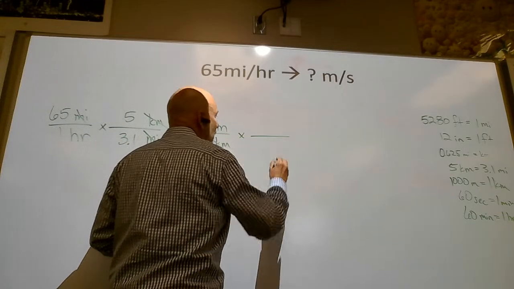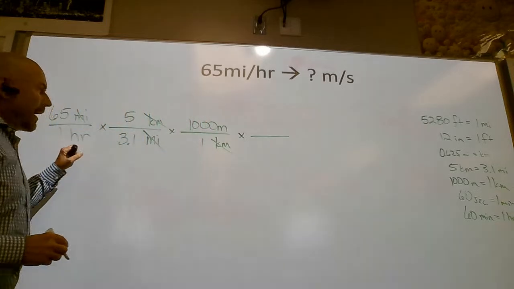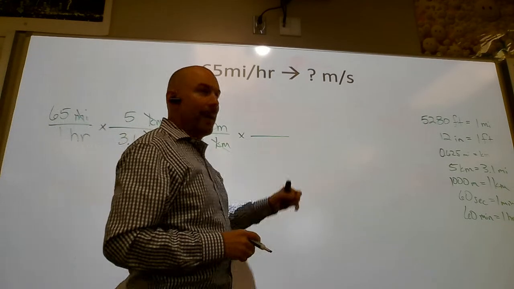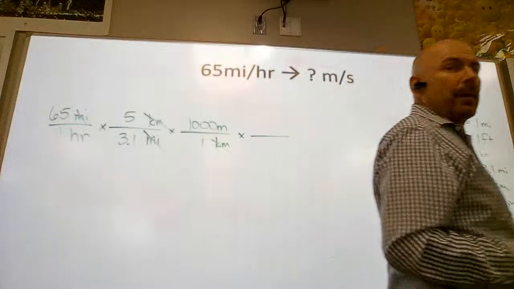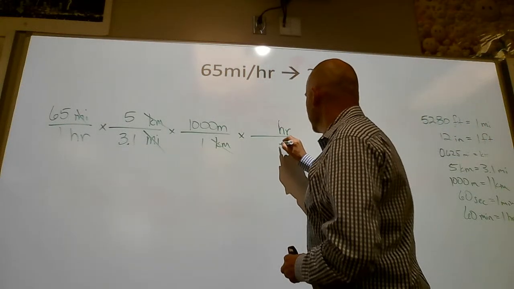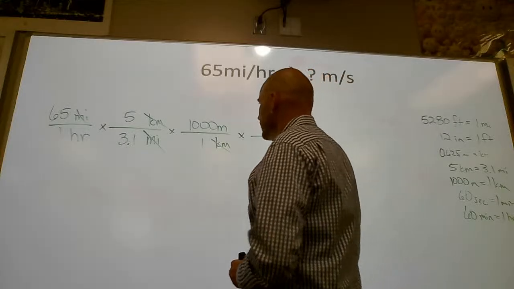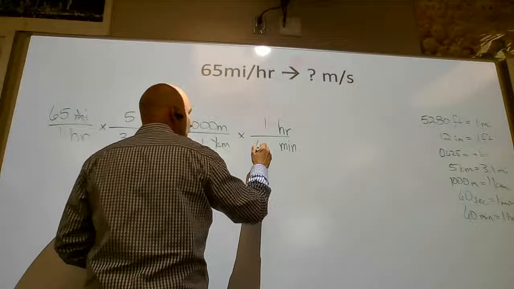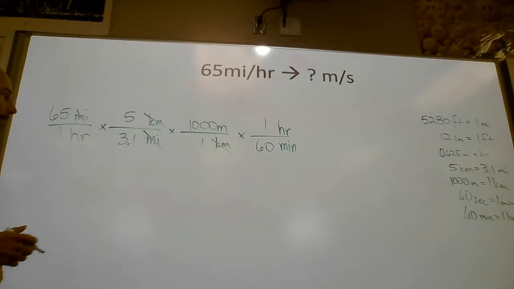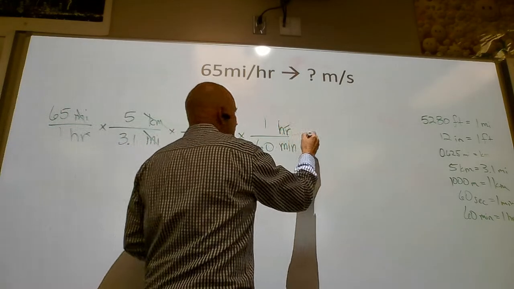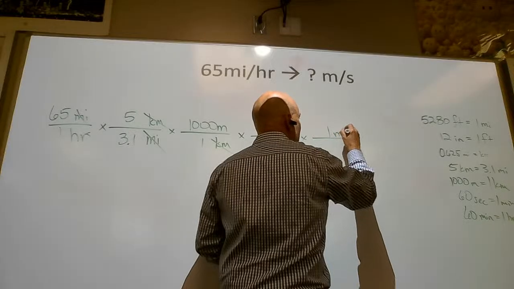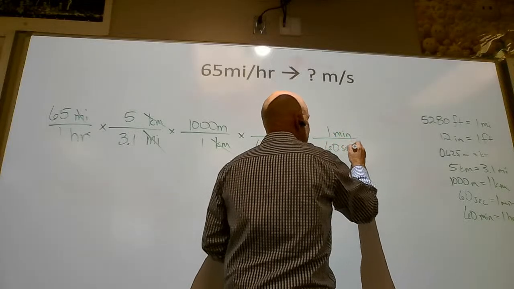So I've got hours here. Do I need to put hours on top or on bottom? I need to put hours on top to cancel this out. 1 hour, 60 minutes. Okay. Same thing here. 1 minute is 60 seconds.